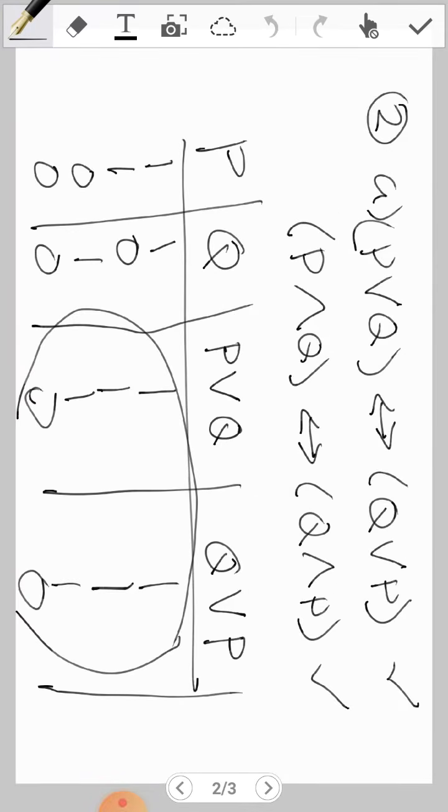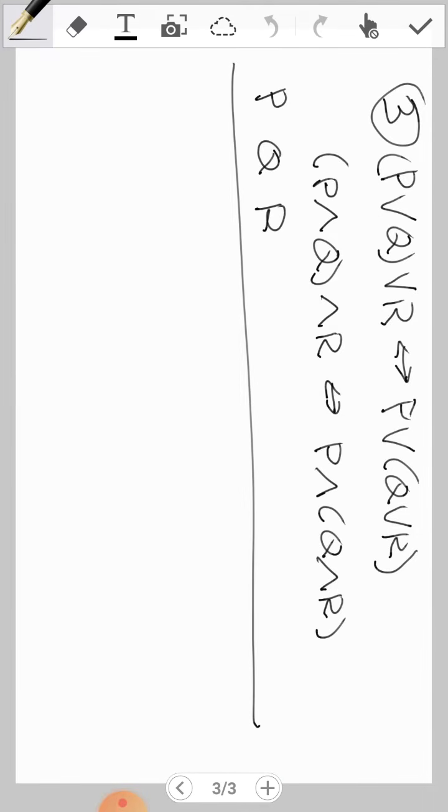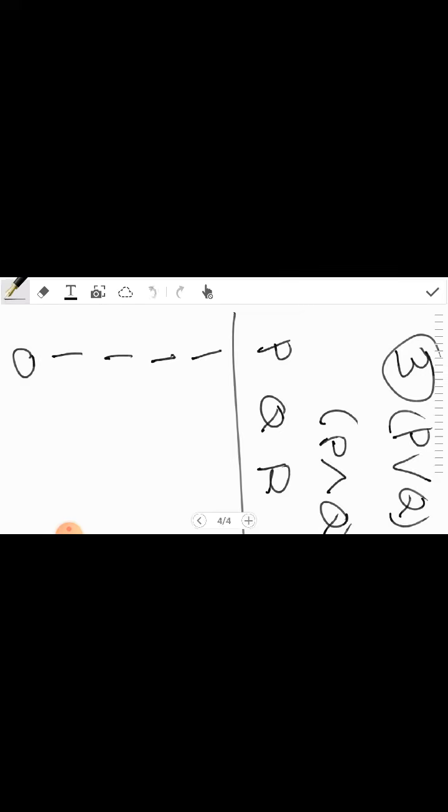So if we have three propositions, we have 1, 1, 1, 1, 0, 0. Oops, it will not fit. Wait for a while. What's happening with my screen? Let me change the screen. Let me use a fresh screen here.